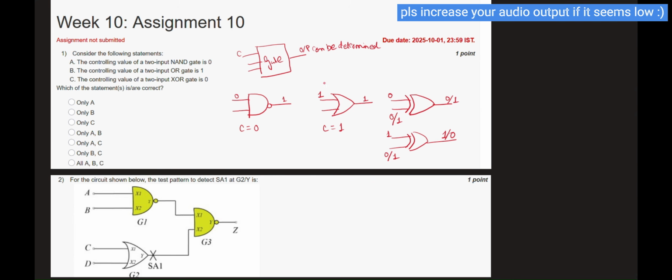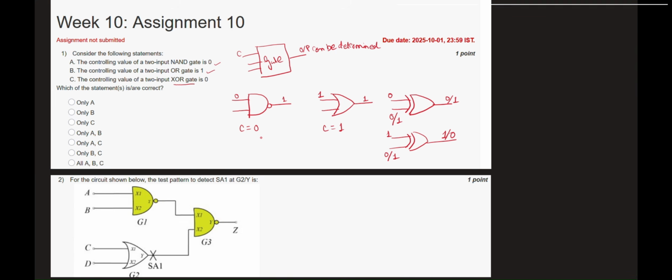So there is no controlling value for XOR gate. It exists only for NAND gate and OR gate. For NAND gate the controlling value is 0, and for OR gate the controlling value is 1. This is the statement written in option A and option B, so option A is correct, option B is correct. The correct option will be only A and B.